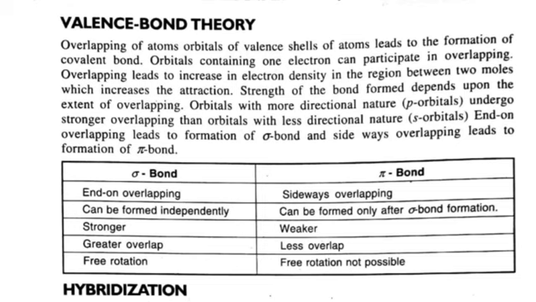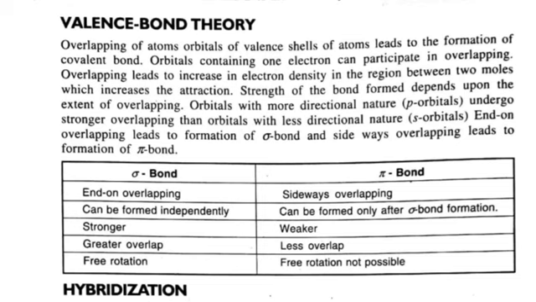Orbitals with more directional nature, like p orbitals, undergo stronger overlapping than orbitals with less directional nature, like s orbitals. End-on overlapping leads to the formation of a sigma bond, and sideways overlapping leads to the formation of a pi bond.